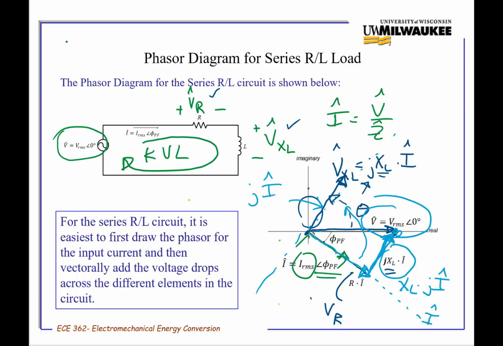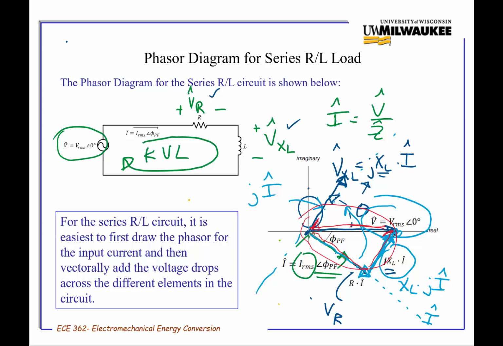Another way to look at this is you say, oh well, I'm just adding this voltage plus that voltage, and if I shift the sign here, what I've done is I've summed the three voltages to 0.